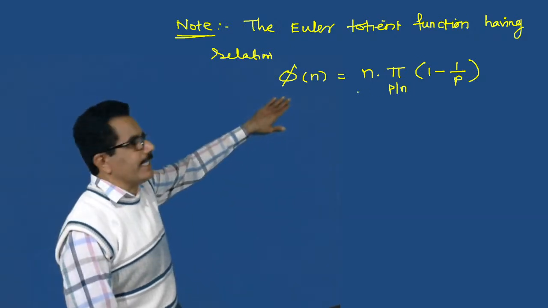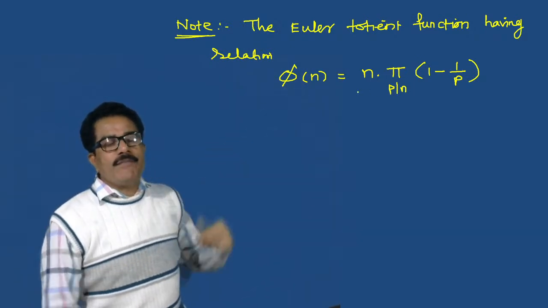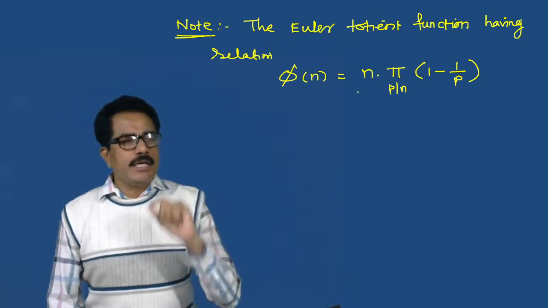See, on the basis of this formula we can find the Euler Totient function.